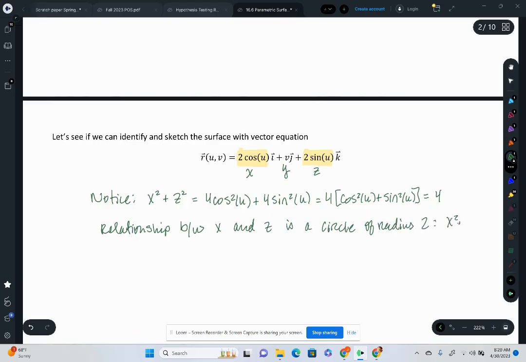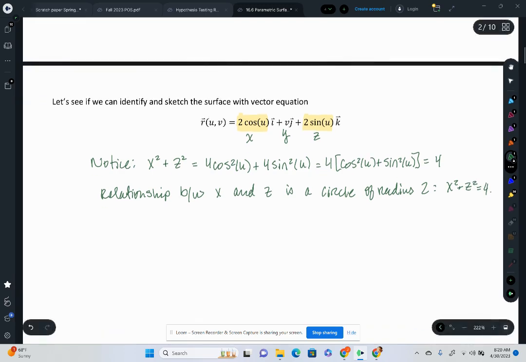And it's x squared plus z squared is equal to 4. Okay, but y wasn't involved in all of that, and y is part of the vector function that we have. Another way to interpret that, since y was not part of the circular relationship, y is kind of independent of it.